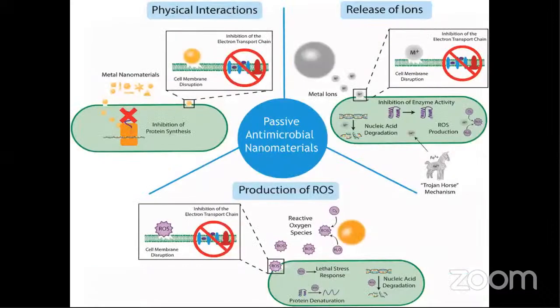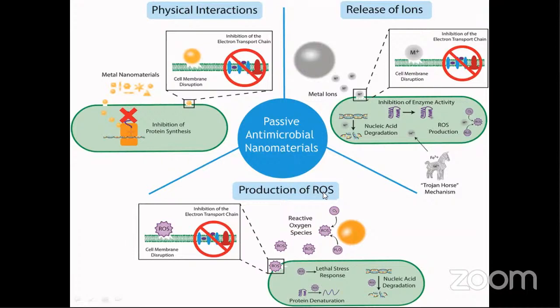So what is actually the mode of action of these nanoparticles, how are they going to kill the pathogens? There are different things. The main modes of action against the pathogens are, first, physical interaction, then the release of ions and the production of reactive oxygen species.